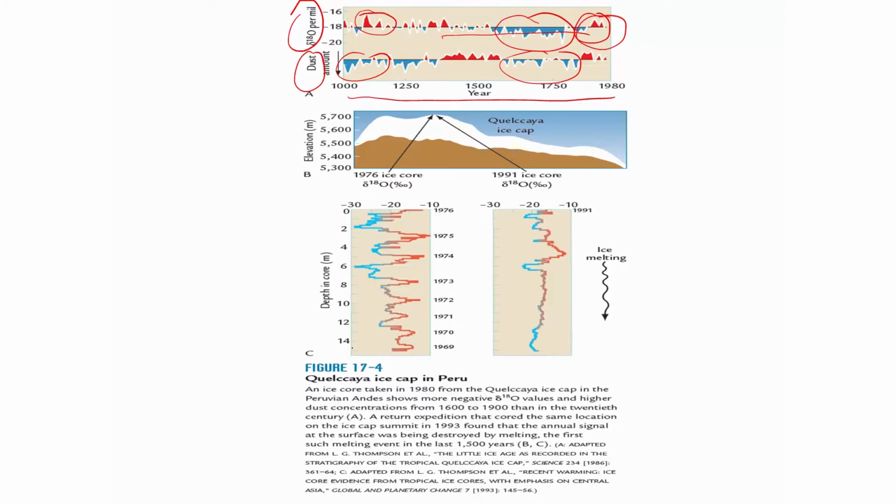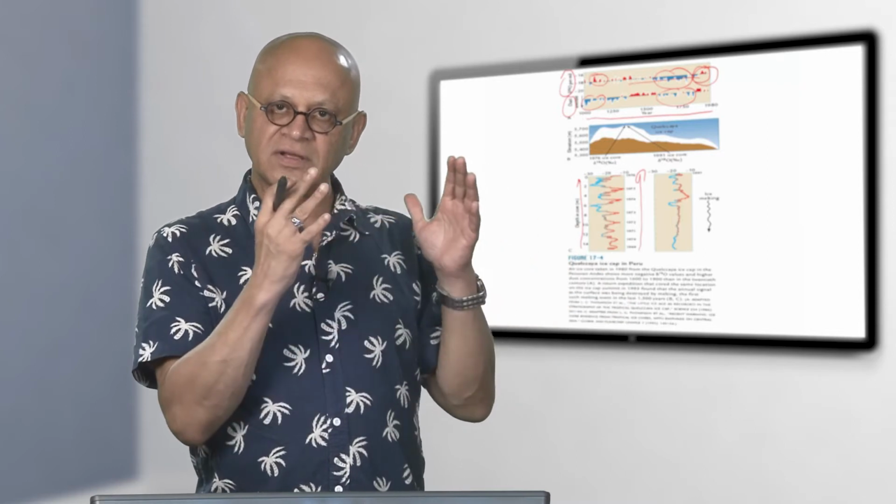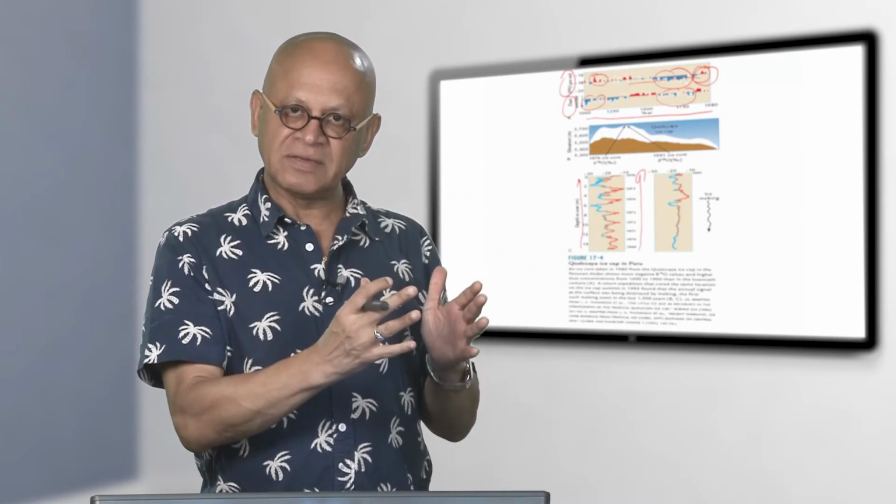So coming out of the last glacial maximum, this is the depth of the core now, not the time, but time is on this side. Since the 1960s, you can see that the delta O18 has been varying on multi-year timescales. We are used to looking at orbital timescales and what we call millennial timescales.